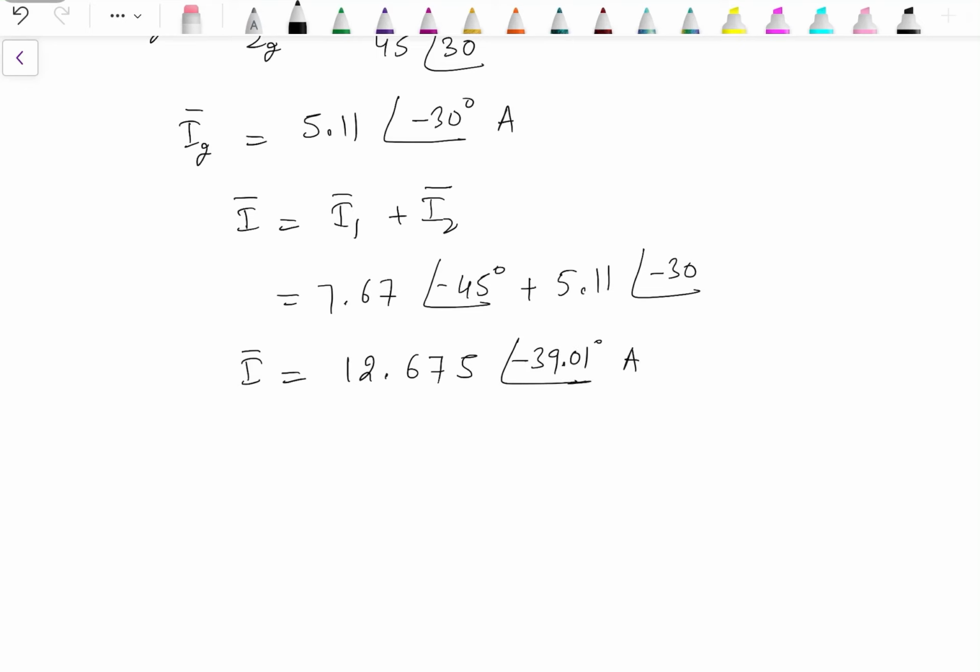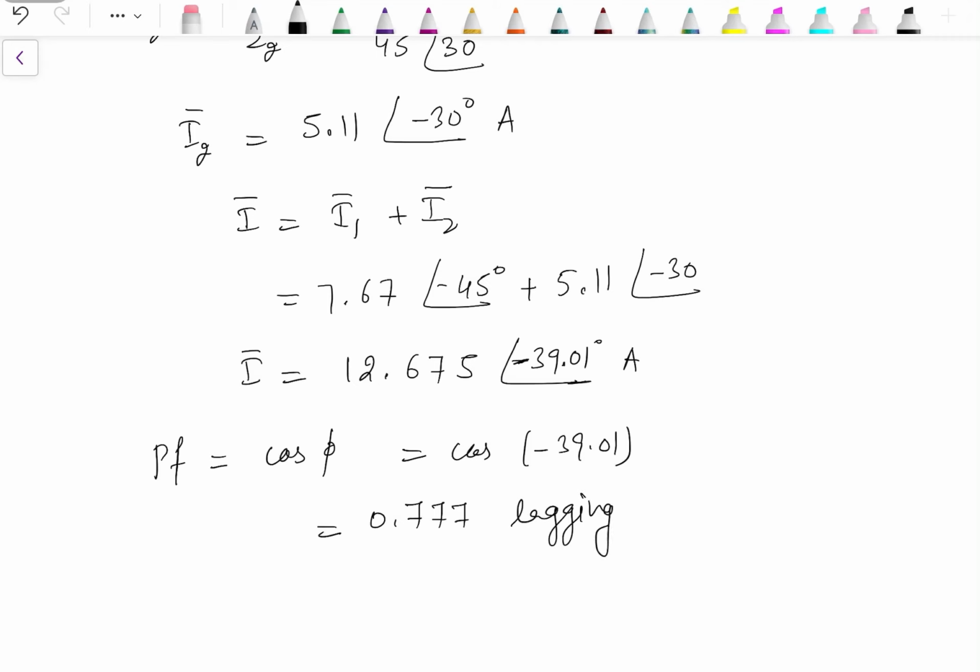The minus sign indicates that this current is lagging behind the voltage by 39.01 degrees. We had to calculate the power factor as well. Power factor is cos phi. So cos of minus 39.01 is 0.777 lagging. You always need to mention whether the power factor is lagging or leading.